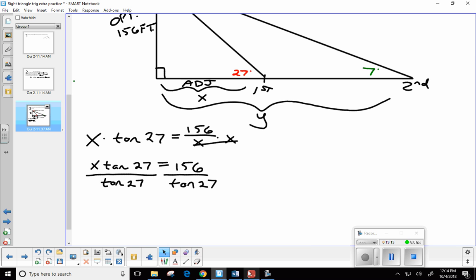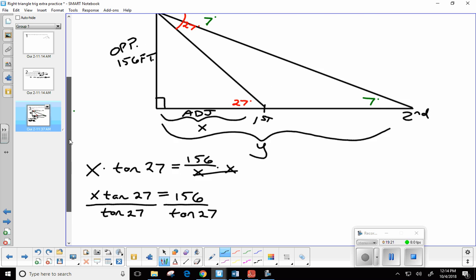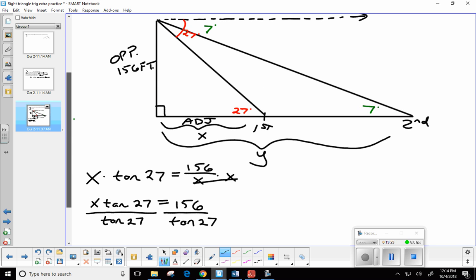If it helps you to separate the two triangles, absolutely do that. So would 156 still be opposite the 7 degrees? Yeah. So what would the y be? Again, that would be the adjacent. Do you want to stick with tangent, or go cotangent this time? Let's go cotangent.